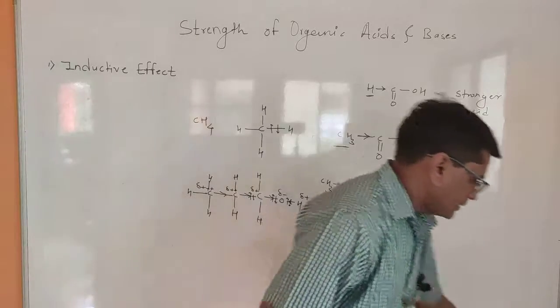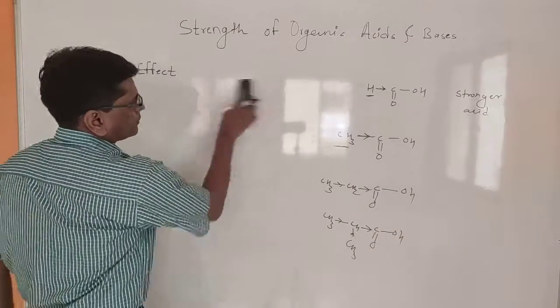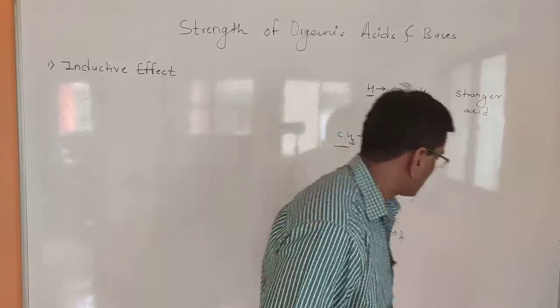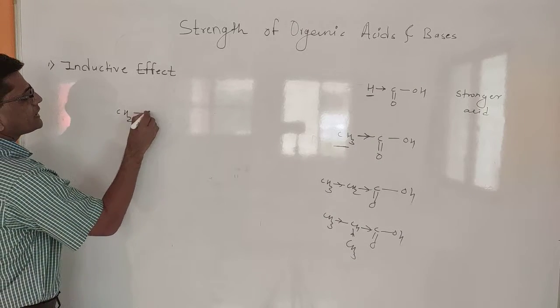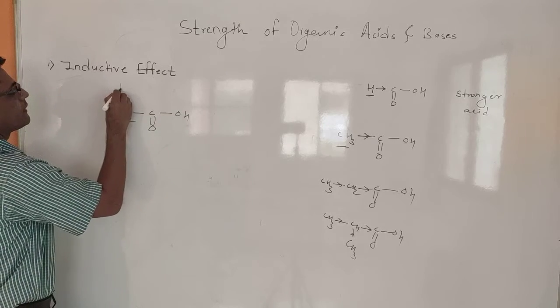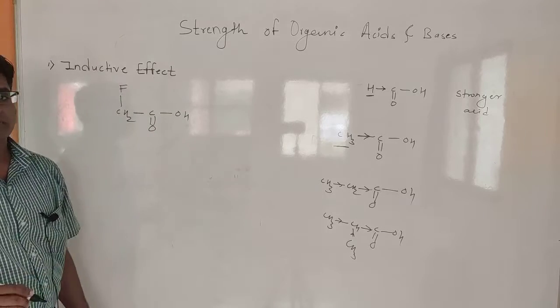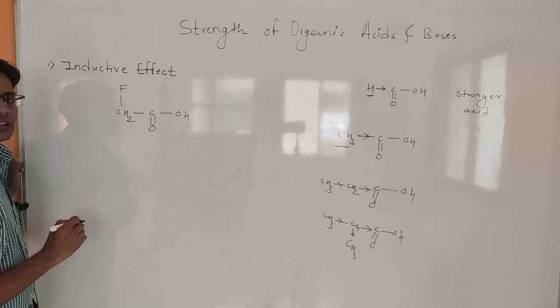So this is one more example. Now, if we replace one of the hydrogens of acetic acid by an electronegative atom, then you know fluorine is more electronegative than oxygen.